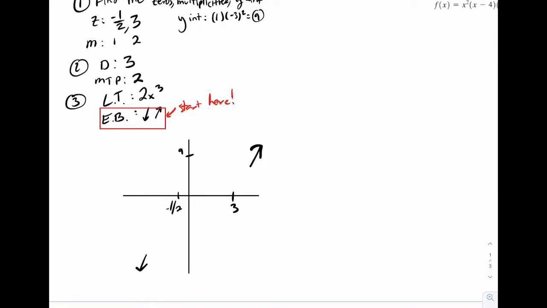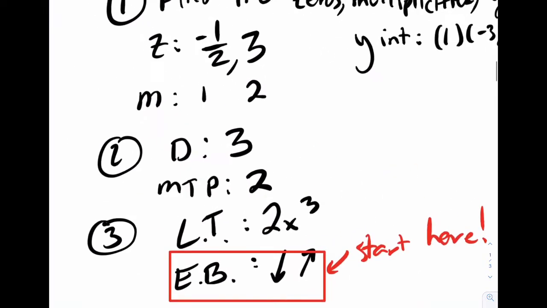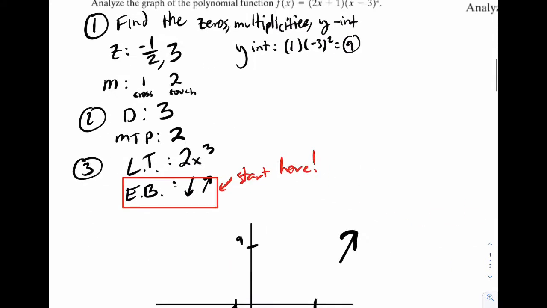Now we're going to actually graph it. And this is why I put your end behavior down first, because you can start from your arrow right here on the left. We're approaching negative 1/2. And we know we have to hit it. And then the key is, well, what happens when you hit it? And that's how we have multiplicity right here. Remember for multiplicity, when it's odd, you're going to cross. When it's even like this, you're going to touch or bounce.